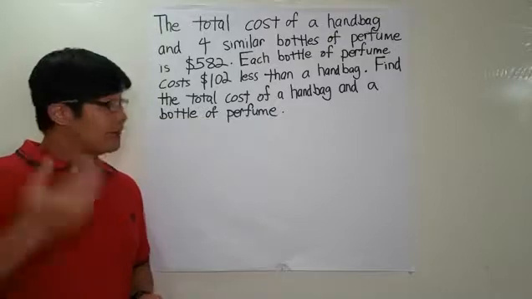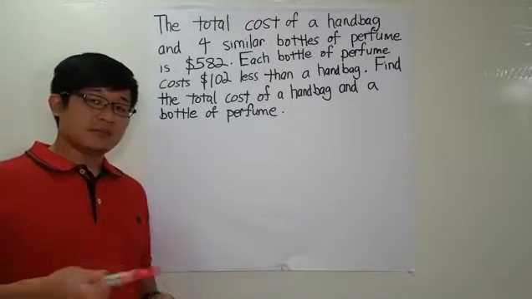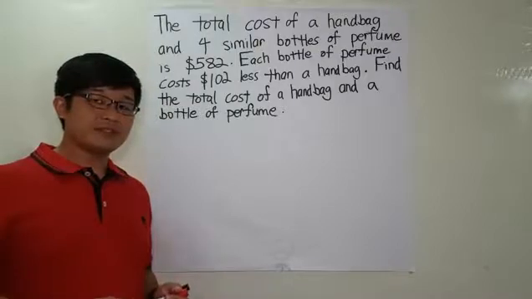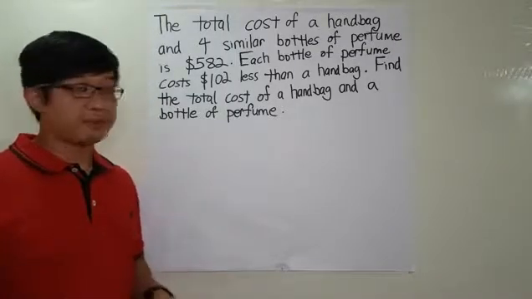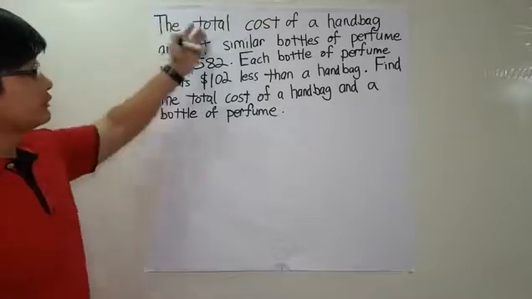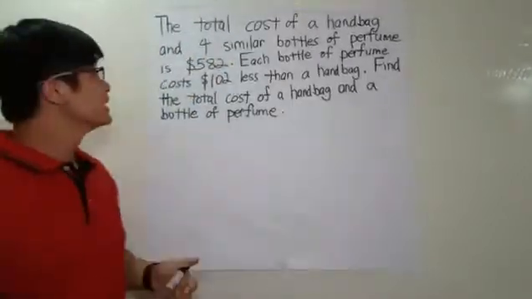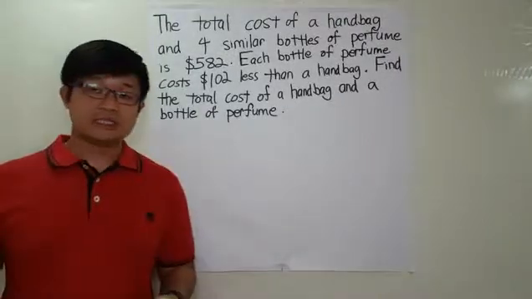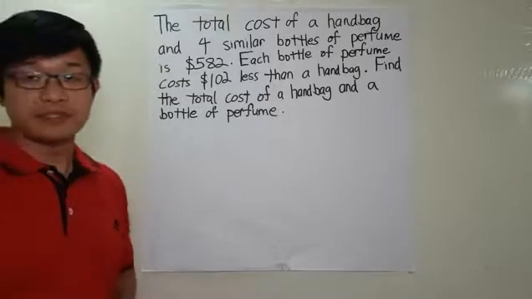So how am I going to solve this? It might be very confusing for a Primary 3 student. So how am I going to break this down for them? First of all, we want to read it line by line for them. The first line: the total cost of a handbag and 4 similar bottles of perfume is $582. Now, ask our child, what is being bought here?